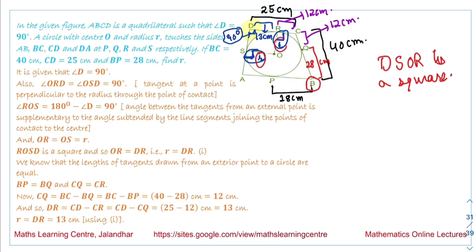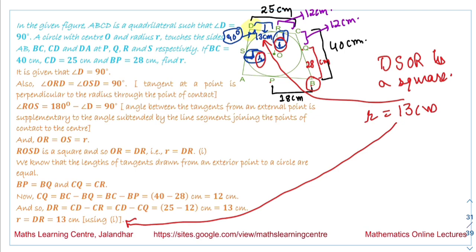These two sides are equal in length, they are of length R. It means this figure DSOR has all the angles 90 degree and all the sides of equal length. So that is why we are saying it will be a square. So the value of R will be 13 centimeter, that we have obtained from this. So this is our final answer, that the radius of the circle is 13 centimeters.